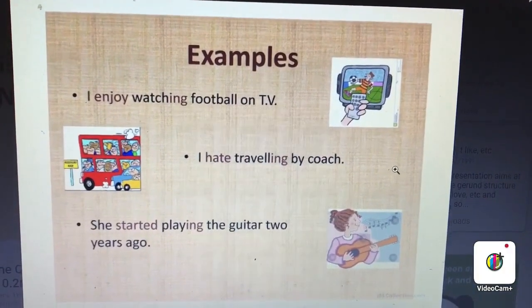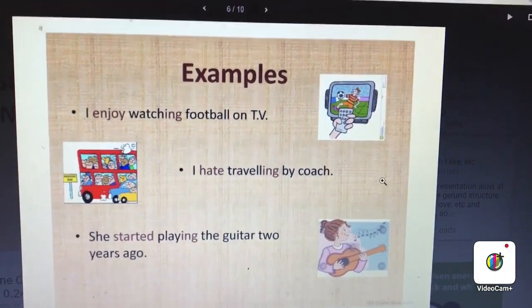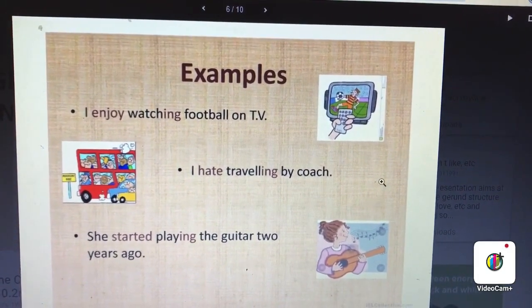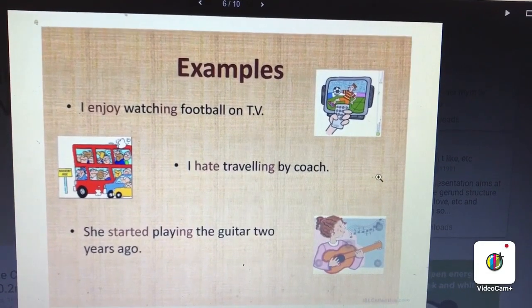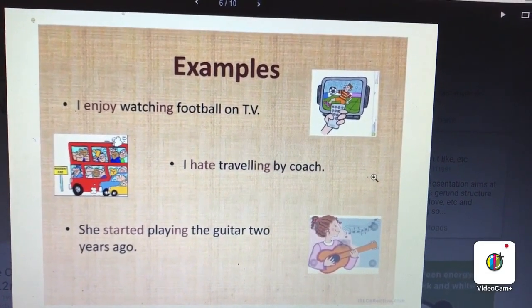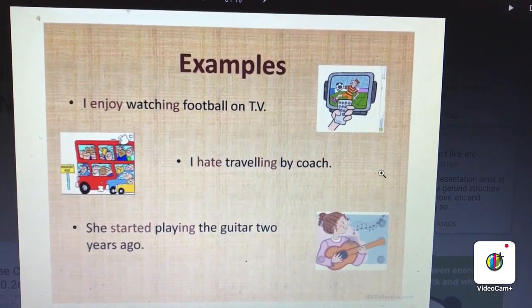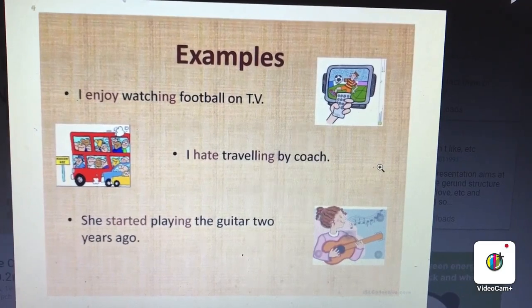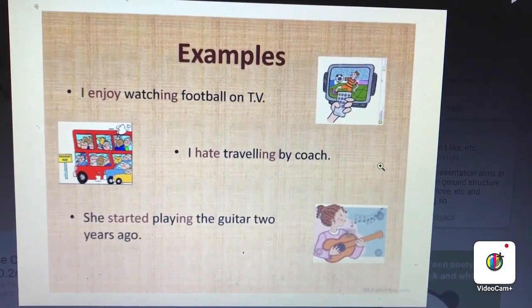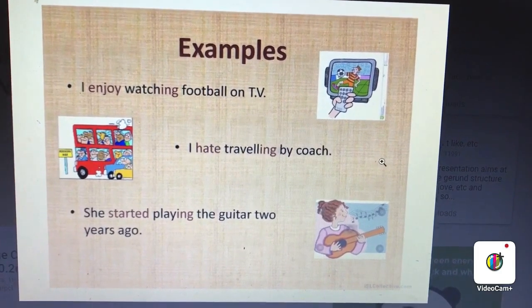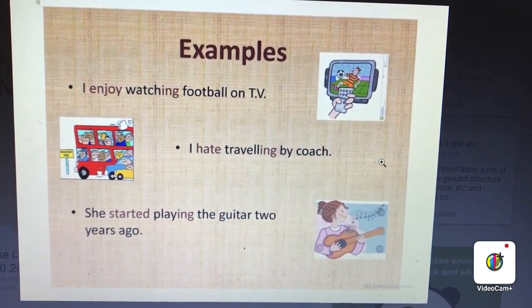We have a few more examples to learn gerunds. Just look at this. I enjoy watching football on TV. I hate traveling by coach. She started playing the guitar 2 years ago. In all these 3 sentences, we have a main verb: enjoy, hate, and started.